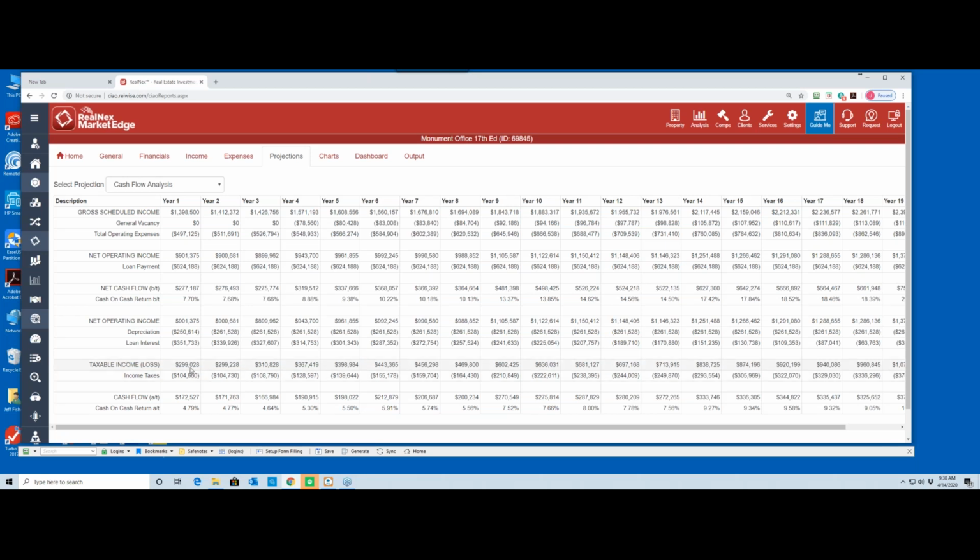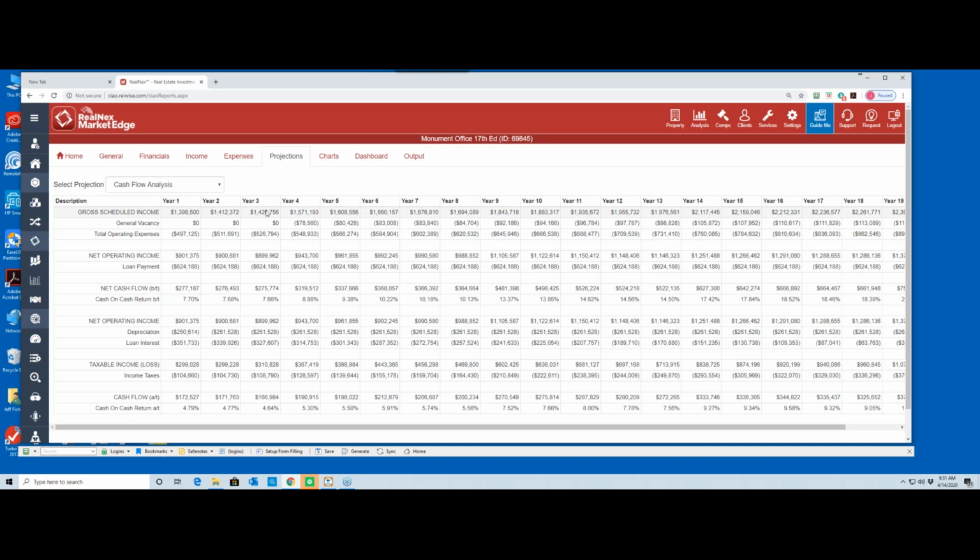Notice the taxable income, 299,028, differs from the amount of cash flow on the property, because the taxable income depends on the amount of depreciation and interest deductions that we have. So we pay taxes on that taxable income. We've got cash flow then left over of 172,427, which results in a cash on cash on an after-tax basis of 4.79%.